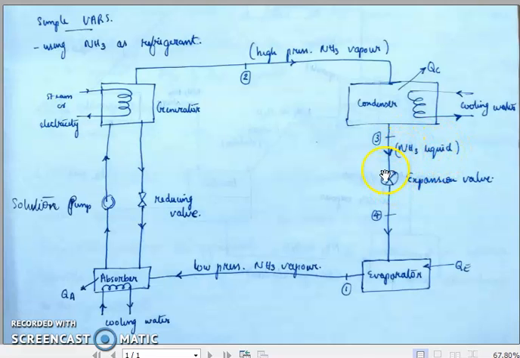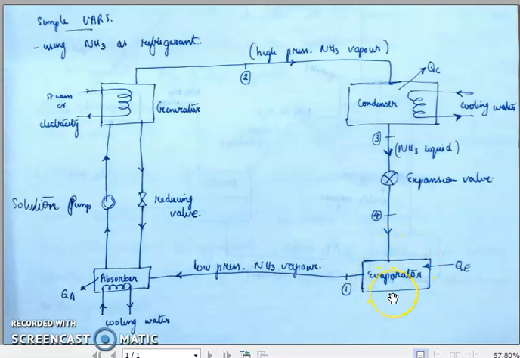That high pressure will be reduced by means of the expansion valve in the next stage, and after passing through the expansion valve, this low pressure ammonia liquid will be admitted to the evaporator, or our freezer compartment, where it will absorb the necessary refrigerating heat from the various refrigeration loads kept in the freezer compartment.